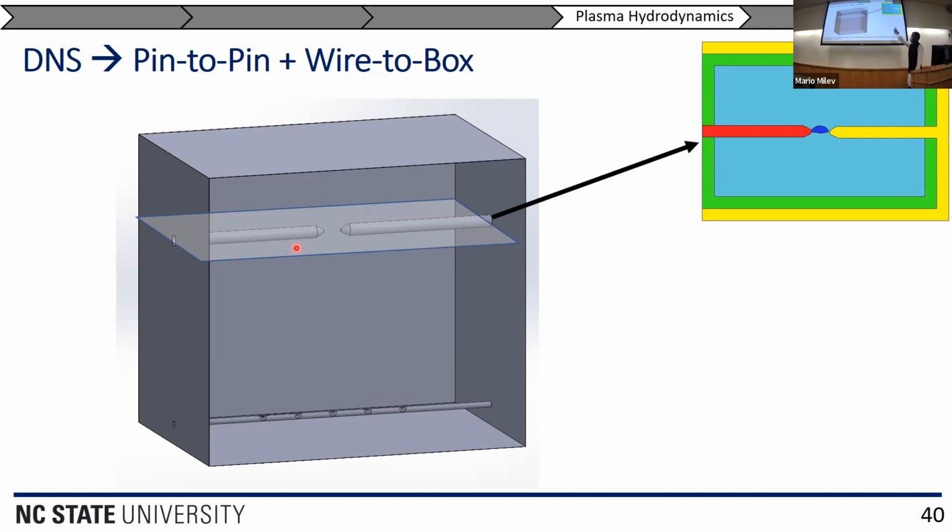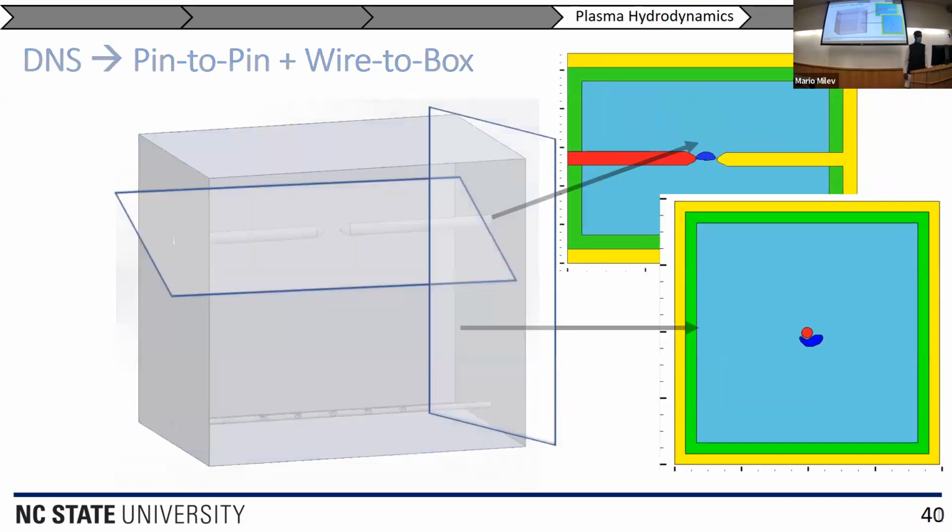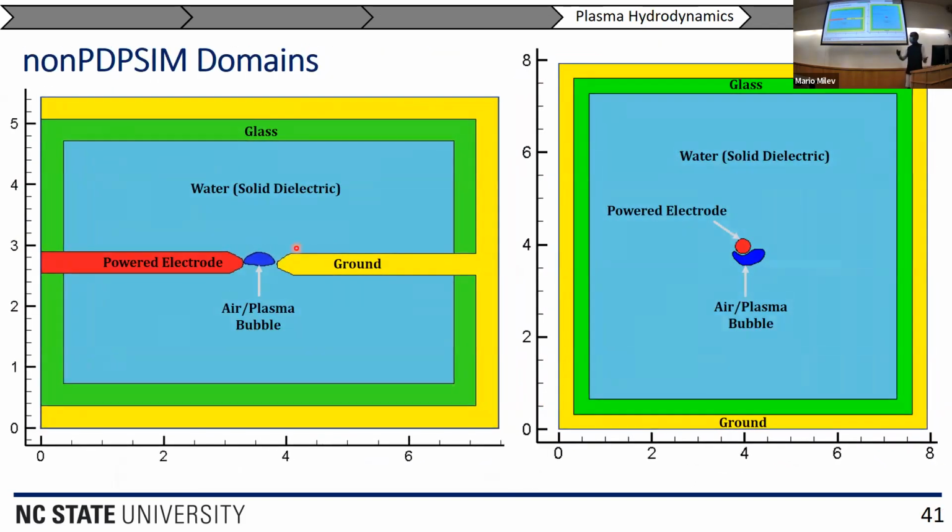It's kind of like a disk, essentially like a fat disk, or like a hamburger. And so if you cut it that way, you can get a slice like that. And then if you cut the domain along the vertical direction like that with an electrode, you can get a slice, something like that, if a bubble were to reach into it. And so those transition into domains for nonPDPSIM for the plasma hydrodynamics modeling.